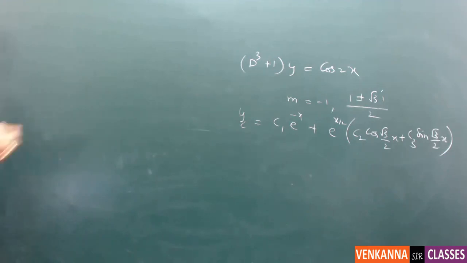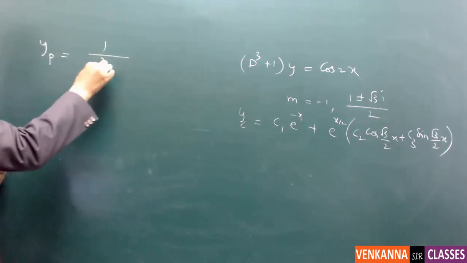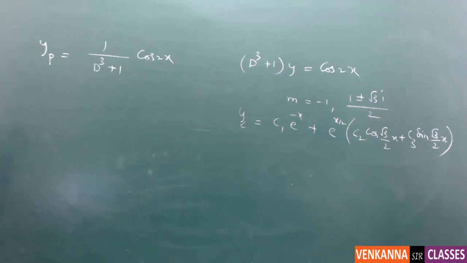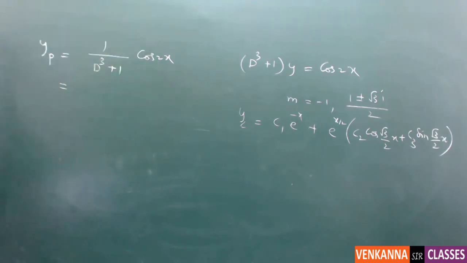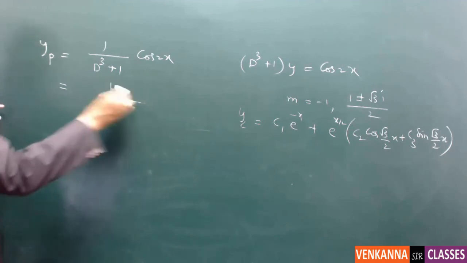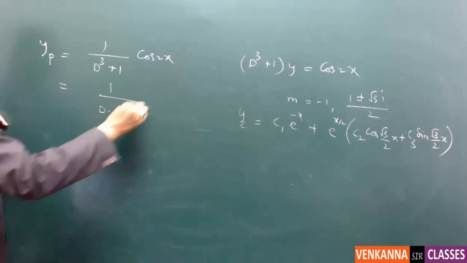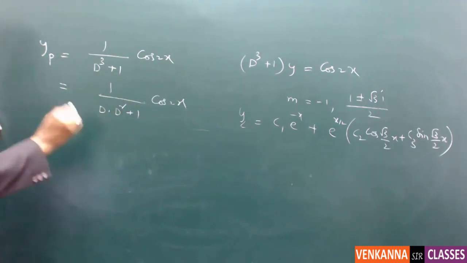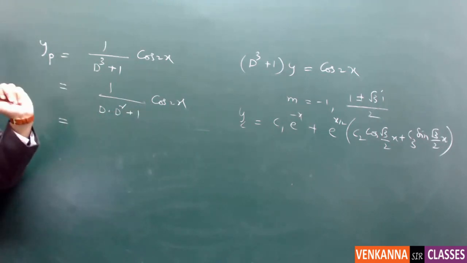Now coming to yp, 1 by d cube plus 1 into cos 2x. Here the function has power 1, so you can apply the methodology. We write d cube as d into d square plus 1, cos 2x. Now this d square will be replaced by minus 4 as usual.